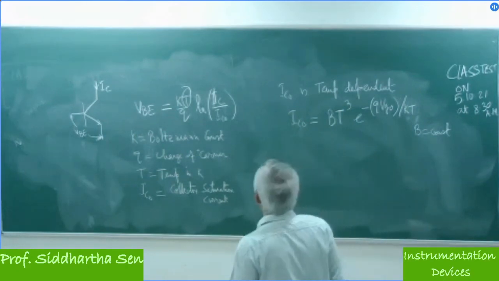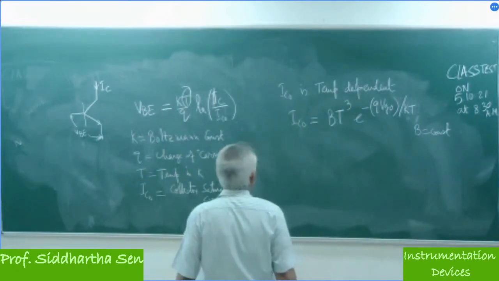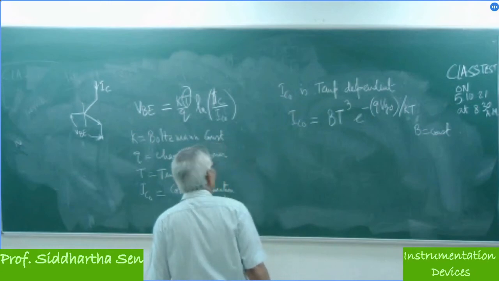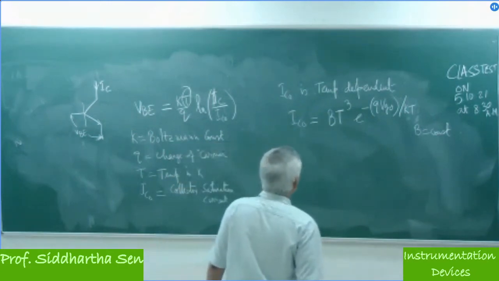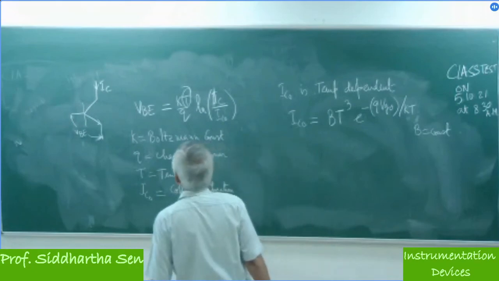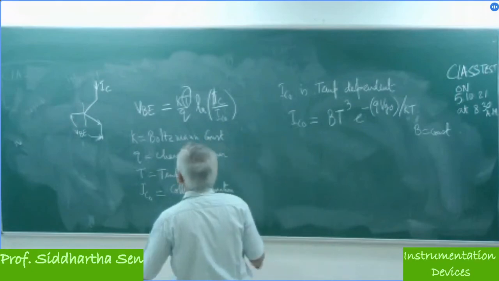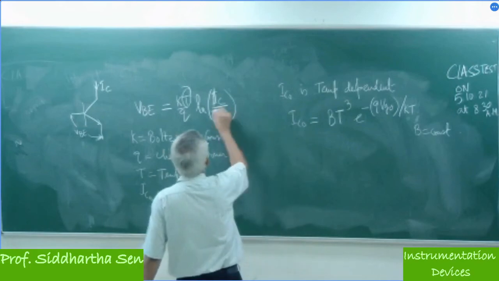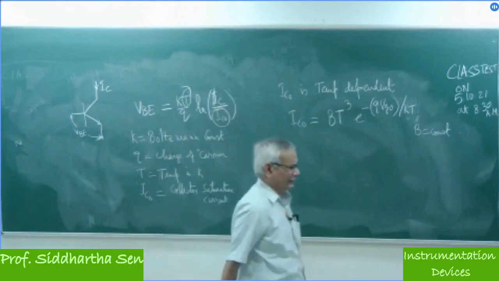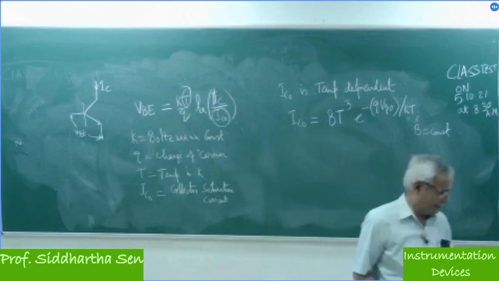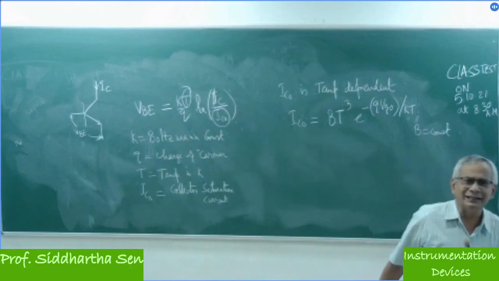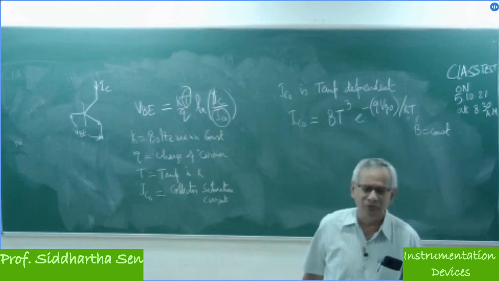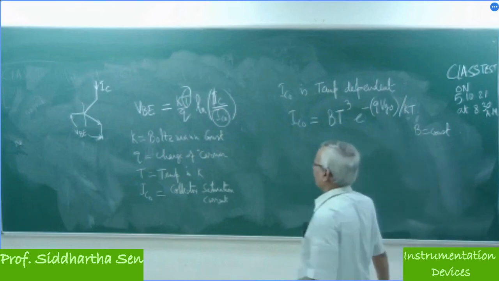So the idea is, can you do something to overcome this problem? Otherwise, it could have been a very nice area. If we can do some sort of mechanism such that this IC0 term is cancelled out, then it could have been a very nice and simple way for measurement of temperature.